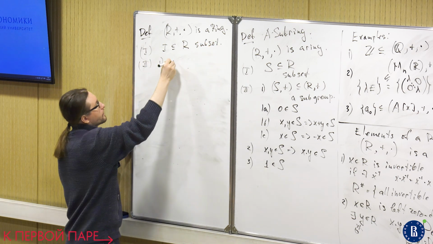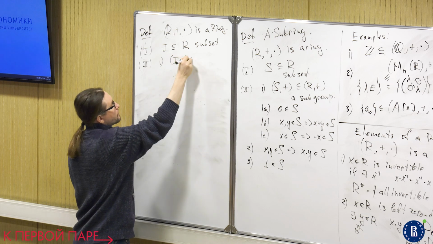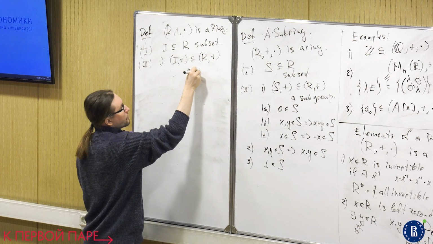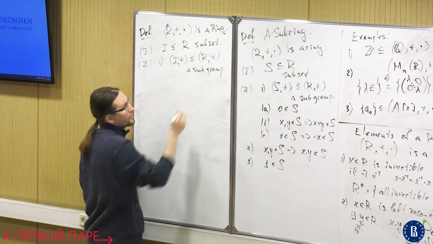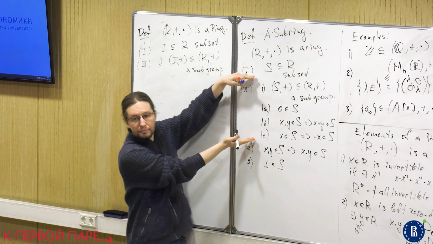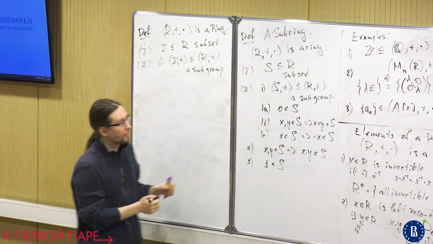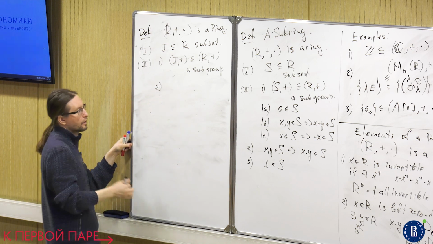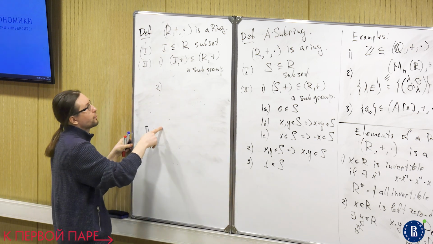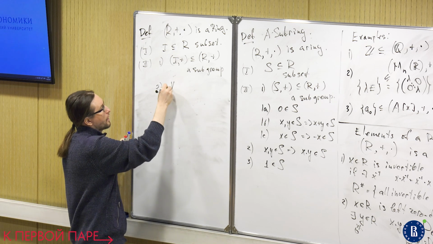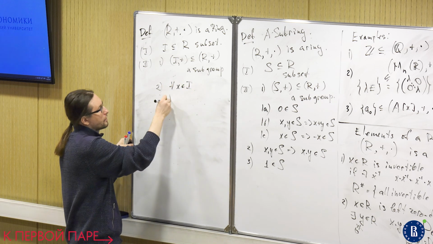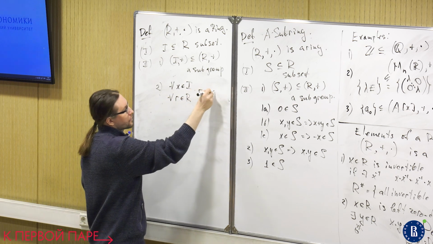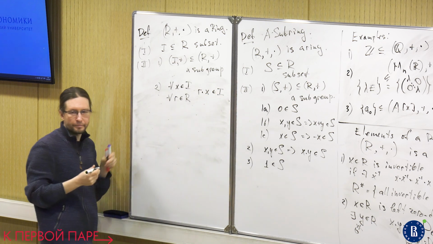Axiom number 1: I with addition must be a subgroup in R with addition. So this is very similar to what we have here. But here's the difference, property number 2. Instead of this, we require that for every element x from I and every element r from R, r times x is inside I.